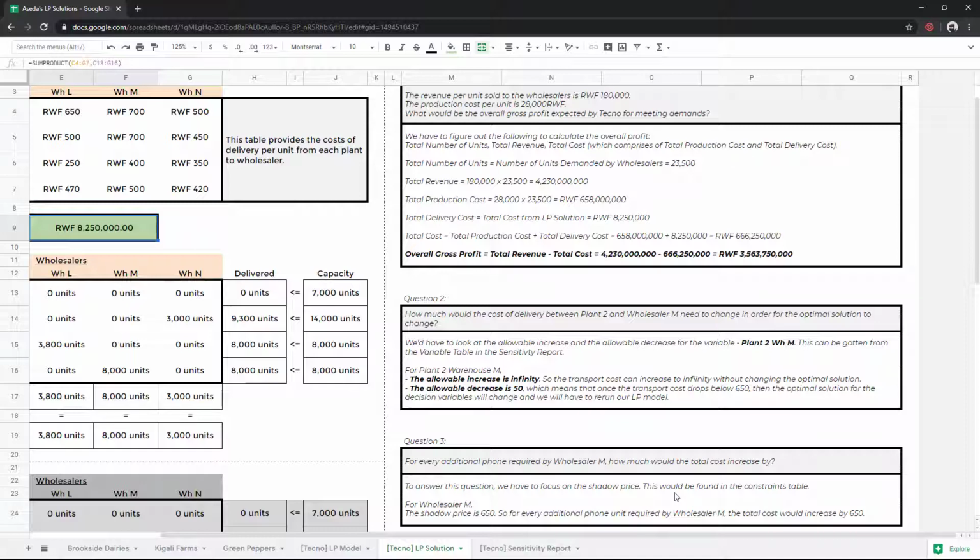So the whole point of the sensitivity report is that we don't need to always rerun the model, right? Once we look at sensitivity reports, we can answer very quick questions on if this increases by this, what's going to happen to my model, what's going to happen to my transportation cost, etc., right? But we're just going to use maybe the last video just to confirm some of these things.